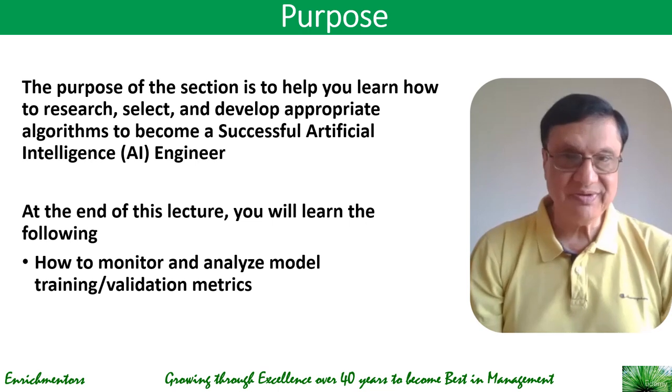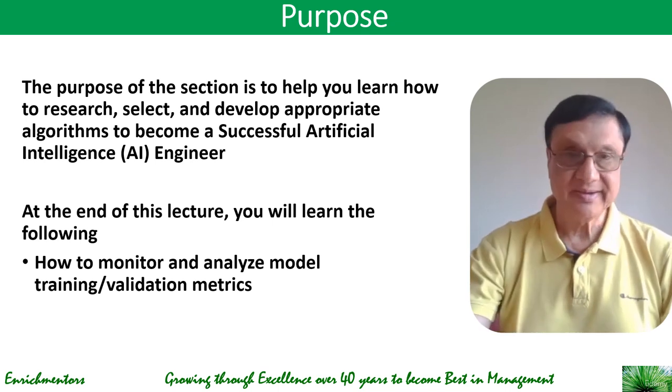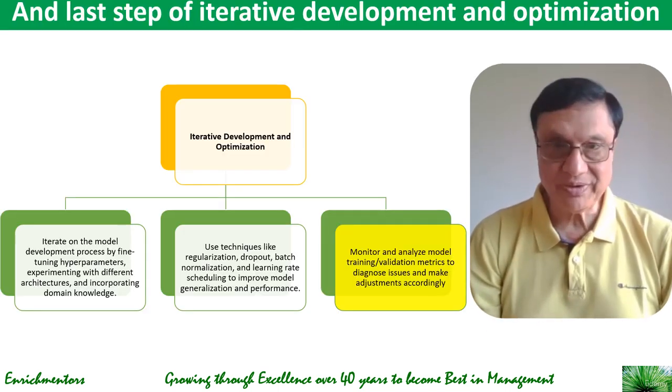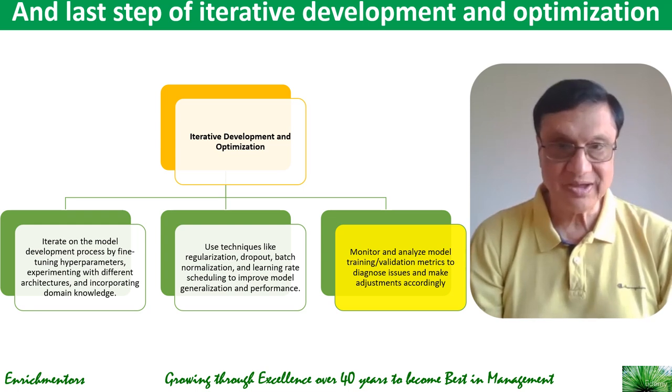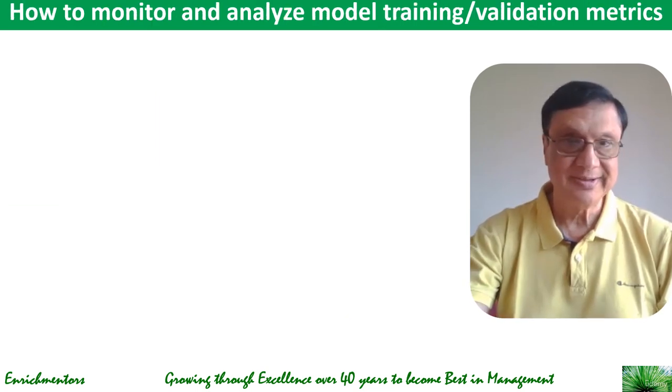So in this lecture we will talk about how to monitor and analyze model performance and validation metrics after having selected, trained and developed appropriate algorithms. This is the last step of the iterative development and optimization process: monitoring and analyzing model training and validation metrics.